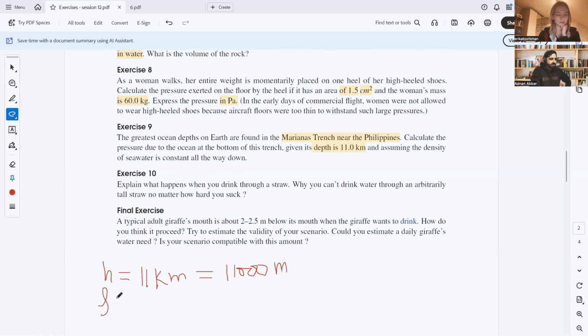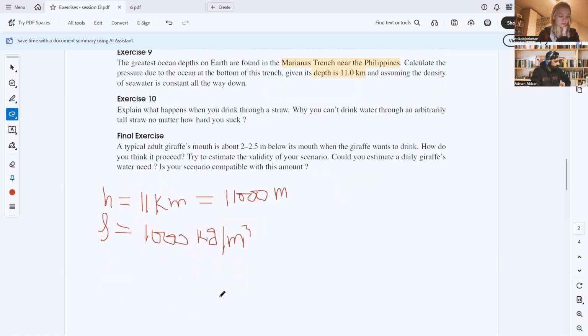About density, we know the density is 1000 kilogram per meter cube. And one thing more, we have to calculate the pressure at the bottom.